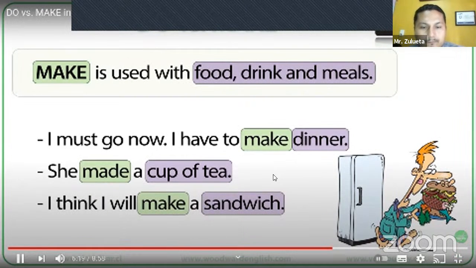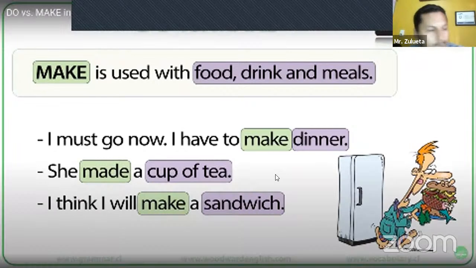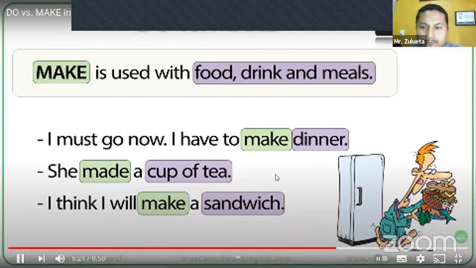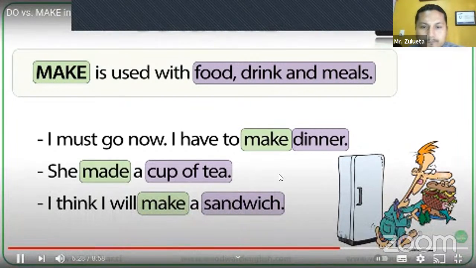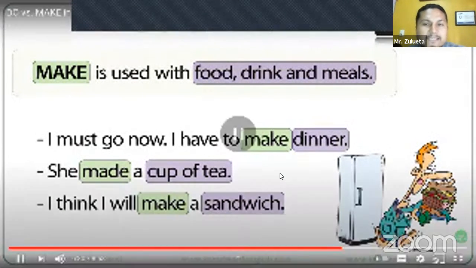I think I will make a sandwich. If you put different ingredients between 2 slices of bread, then you are making a sandwich. Okay, so in general, when we talk about food, drinks, and meals, you have to use the verb make because you are creating from the beginning.